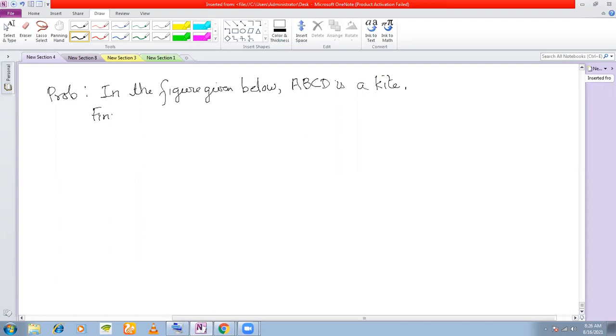Question is find the value of x. Let's draw, see which figure is given. This kind of figure is given to you. Not this way.